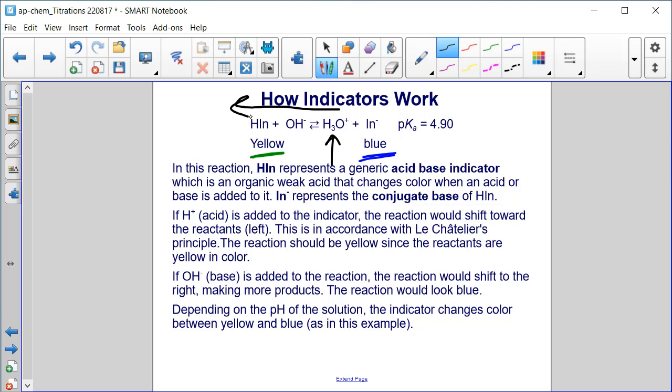If base, hydroxide, is added, the reaction would shift to the right, making more products, and therefore the reaction vessel would look blue. Depending on the pH of the solution, the indicator changes color between yellow, in this example, and blue.